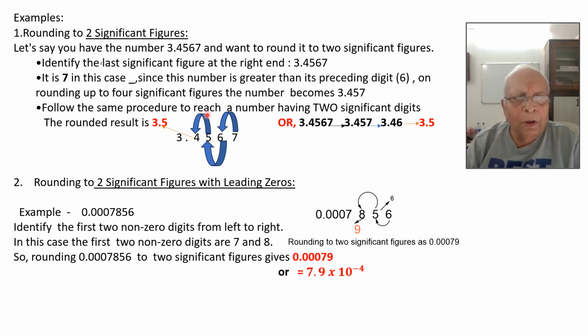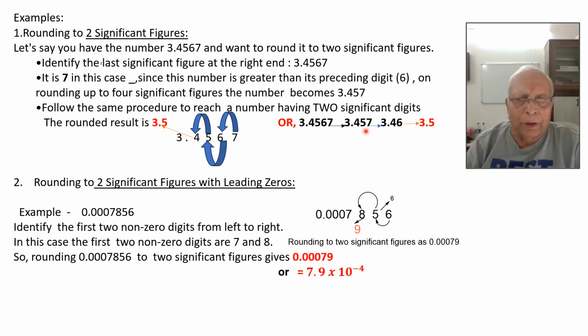What we do, we just pick up the last digit in a number and then move to the preceding digit, change the preceding digit to the next number, and we proceed this way. Say example 3.4567. We consider this 7. 7 is more than 5, so it will become 3.457.